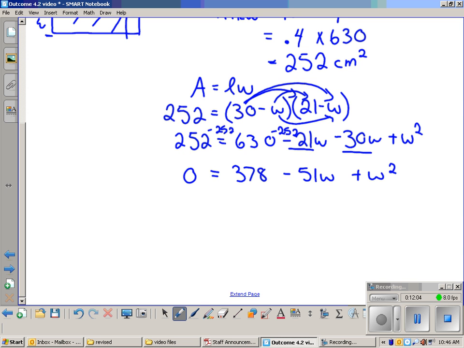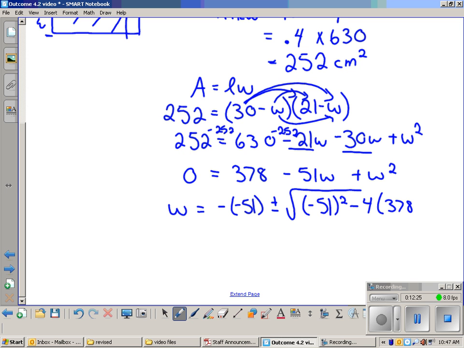So let's substitute into the quadratic formula. So w on my quadratic formula will be equal to negative b, which in this case is negative 51, plus or minus the square root of b squared minus 4ac. Oops, sorry, that's my a.